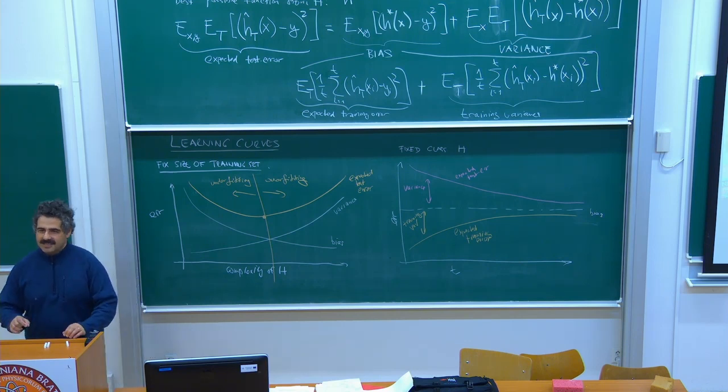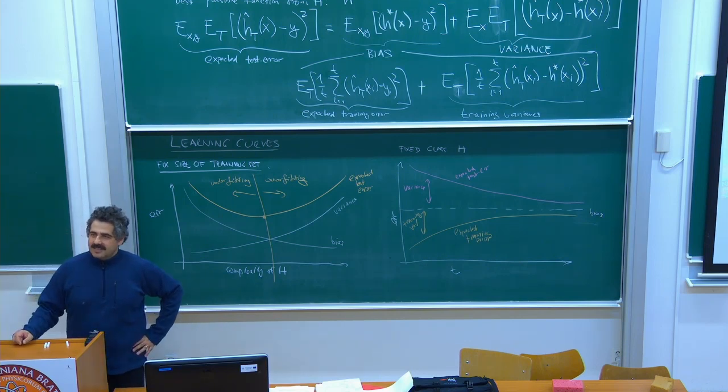Yeah? I have a question about increasing variance or the increasing complexity of the hypothesis set. Is that like a provable mathematical thing, or is this just something that usually happens? It is a provable mathematical thing, but we didn't prove it in this class.